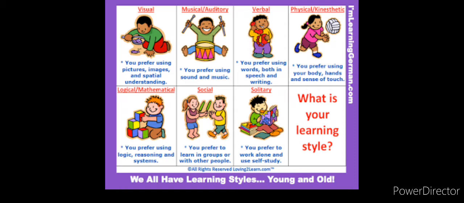The multiple intelligence theory of Howard Gardner implies several learning styles. But for our lesson, we will just focus on the three learning styles, which are visual, auditory, and kinesthetic. These three preferred styles can help teachers choose the methods and the materials that they will use.